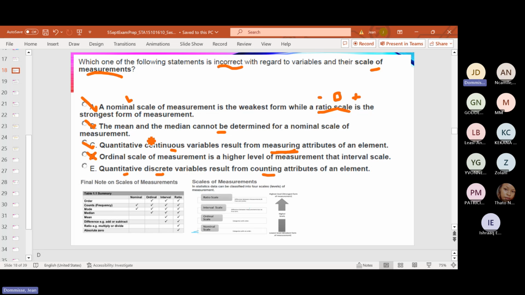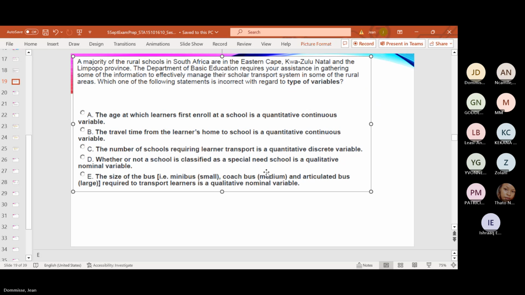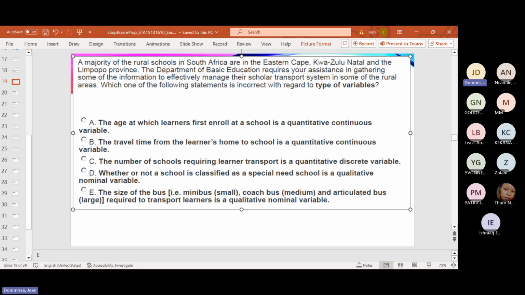Okay, so let's look at the next one. The first one was a bit around the types of variables, then scales of variables, and this one feels like a combo of that.